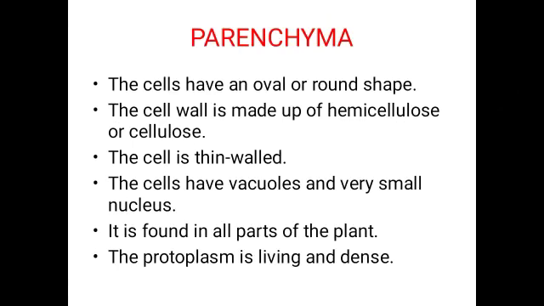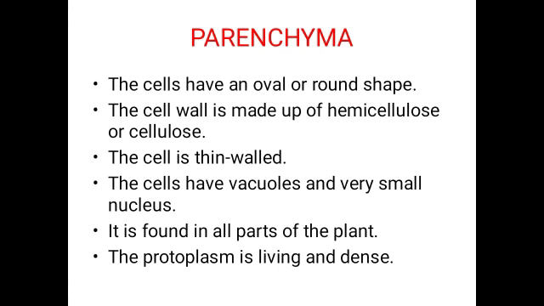First, we'll look at the parenchyma. The cells have an oval or round shape. The cell wall is made up of hemicellulose or cellulose, and the cells are thin walled.